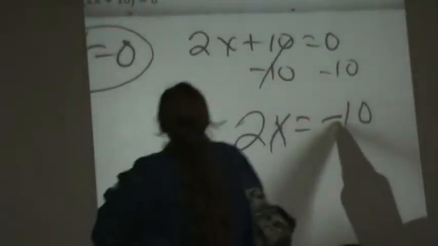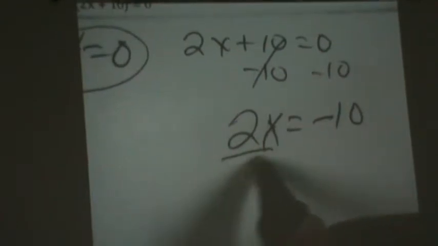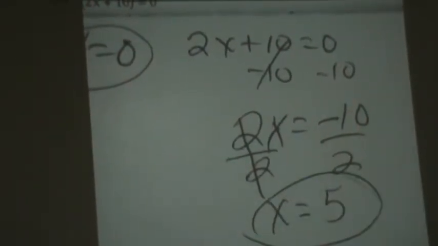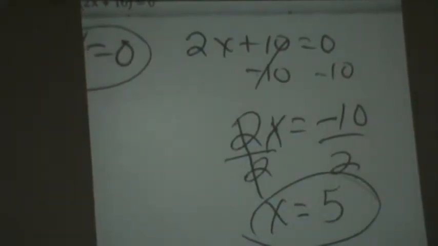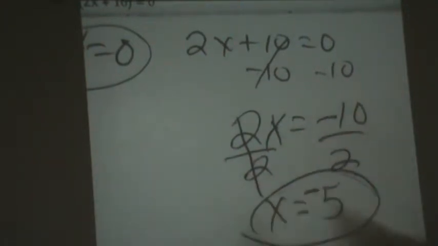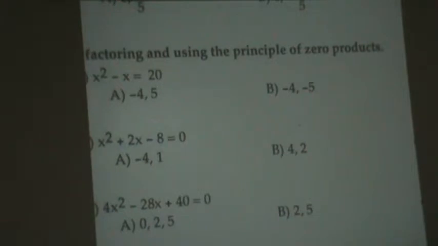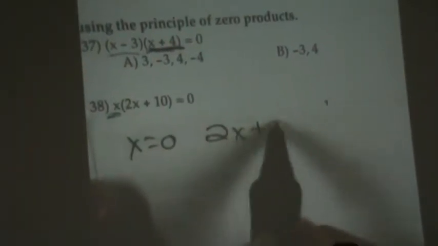Okay, so subtract 10 to the other side first, and then divide by 2. Negative 10 divided by 2 is 5, or negative 5? Negative 5. So it's 0 and negative 5. Can you go back and start over? Sure. X could be 0, or 2x plus 10 could be 0.